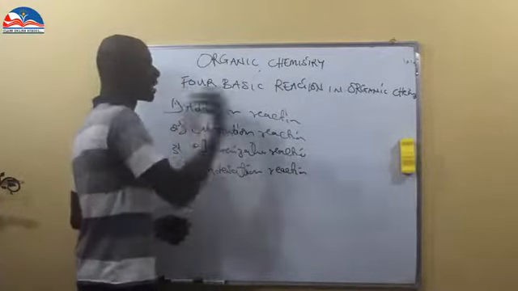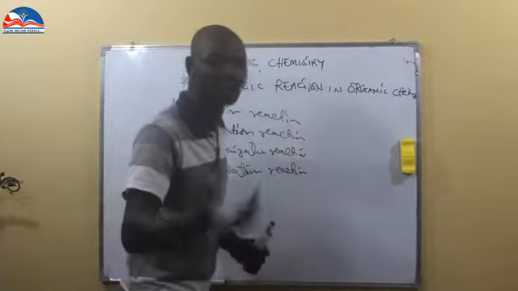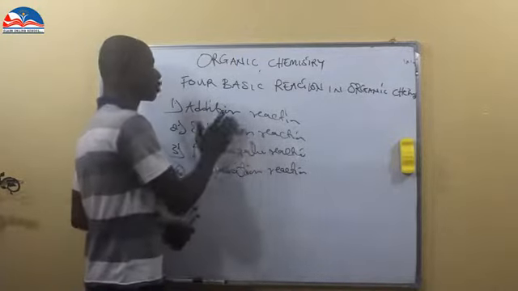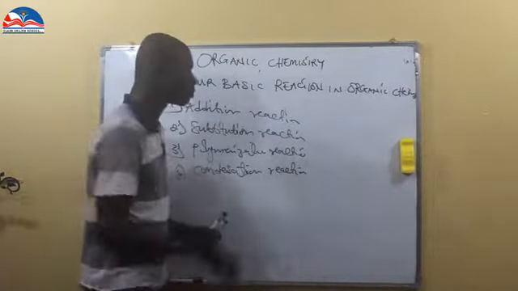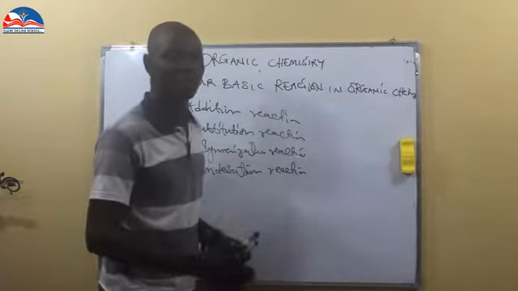When you talk about addition reaction, it simply means the process whereby you add either hydrogen or any of the non-metals to the compound. Then substitution reaction is when there is a change.